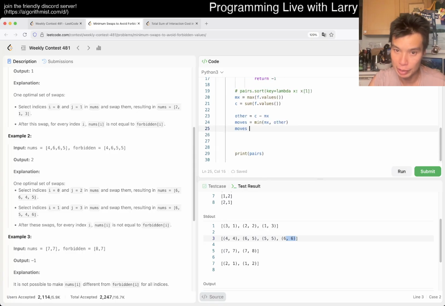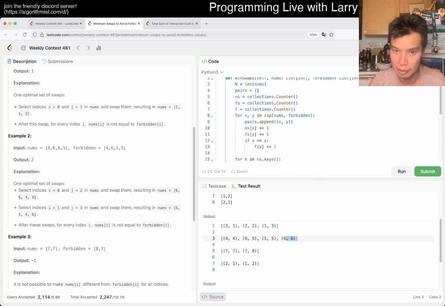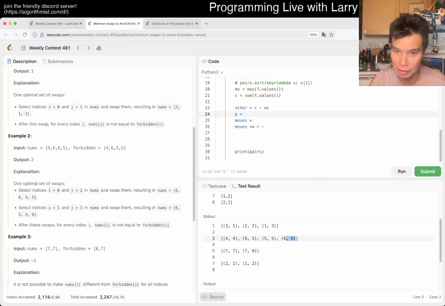And then moves we added by the total number minus okay, let's just say p for pairs. Did we do that? I might have already done that. Nope. This is what happens when you name things terribly. Okay, right. So then now moves is equal to the number of good pairs together.